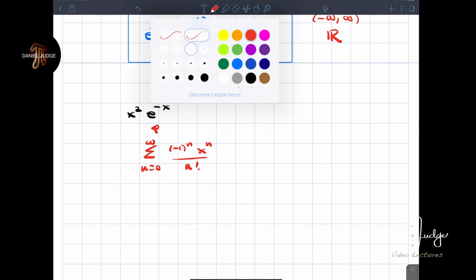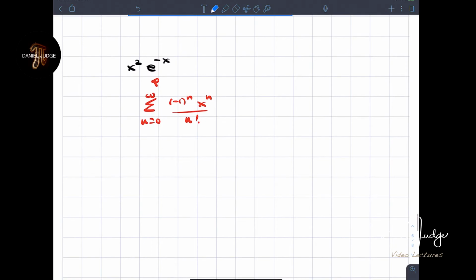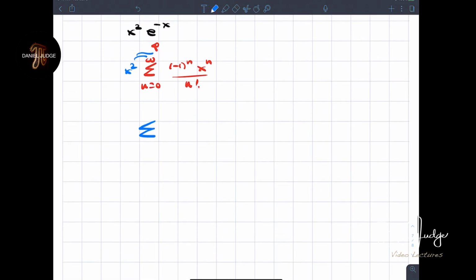And just use some algebra, because this is x squared times this, distribute, use the distributive property. This is a sum. Remember, you multiply x squared with every term. So that's really going inside the summation symbol. But put that next to the x to the n term.